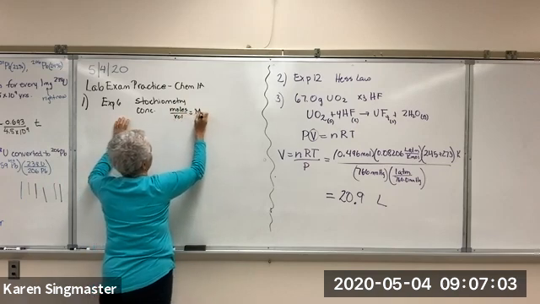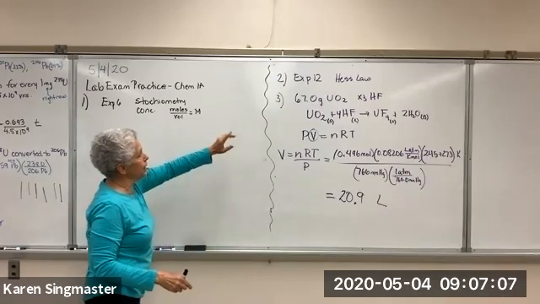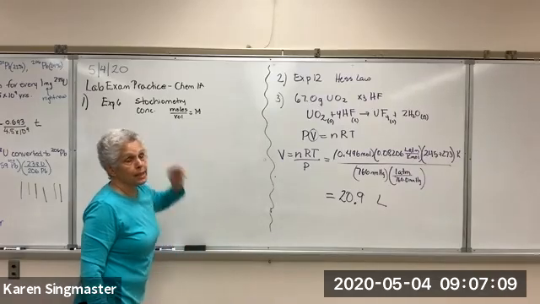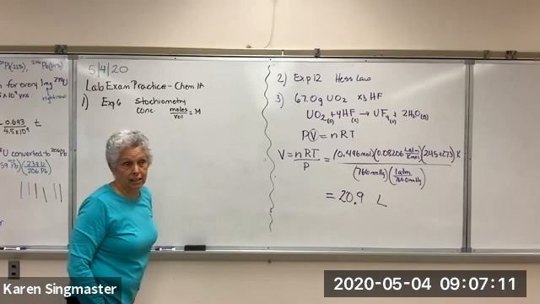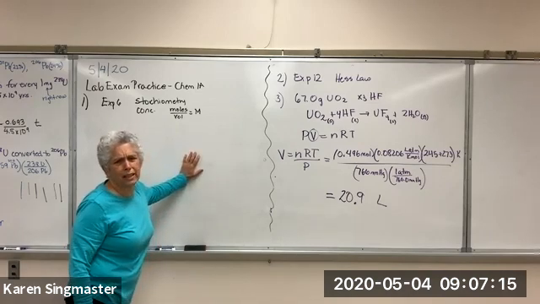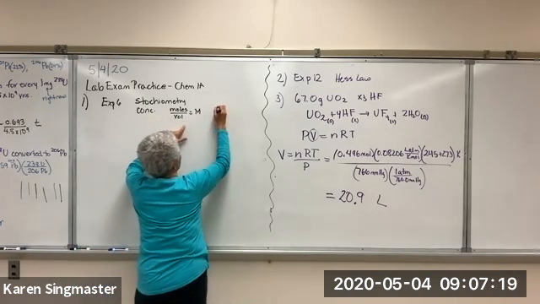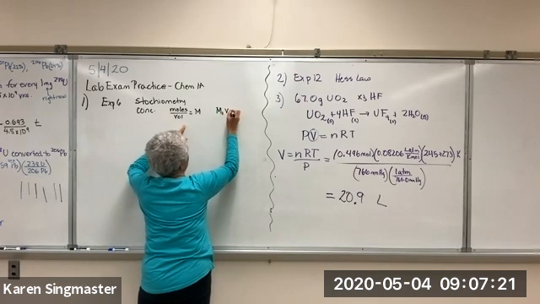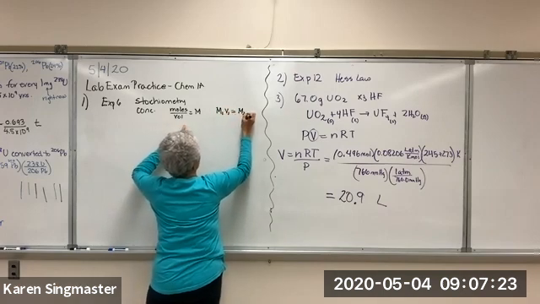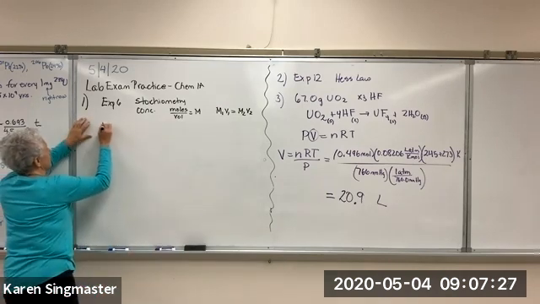And then you also have dilution. There was dilution in experiment 10, I think, where I showed you how I diluted the concentrated HCl, if memory serves me right. This one also has dilution problems, so M1V1 equals M2V2.